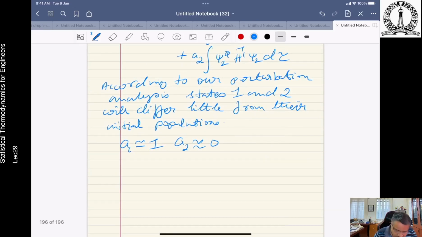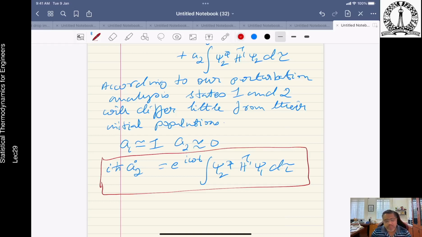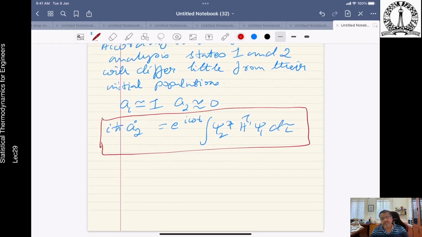So i h bar A2 dot equals e to the i omega t integral chi2 star perturbed Hamiltonian chi1 d tau.